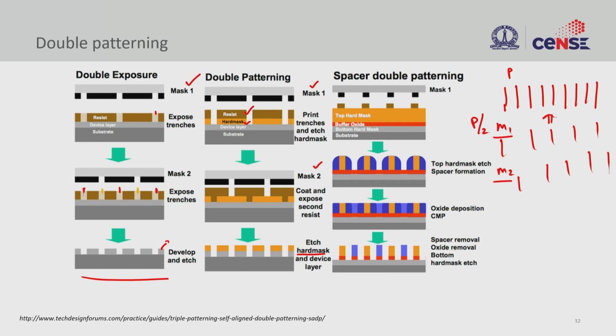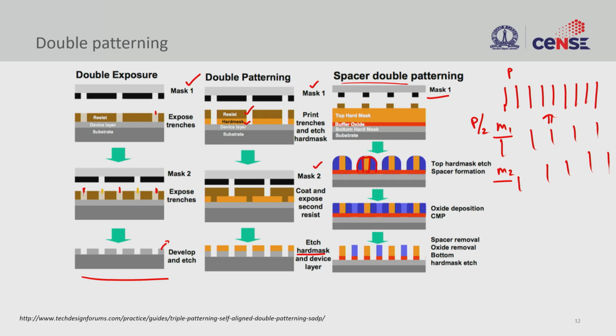And there is one more technique called spacer double patterning. Right. What do we mean by spacer? This is a little complex process where I use mask 1, right. There is no 2 mask process here, there is only 1 mask, but what I do is I make a pattern first and then coat material on the side, right. So I am just coating the material on the side like a spacer, right.